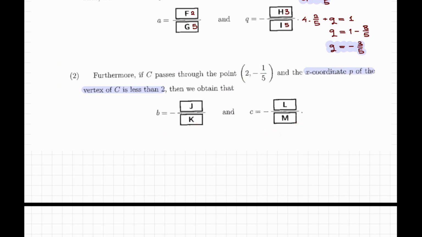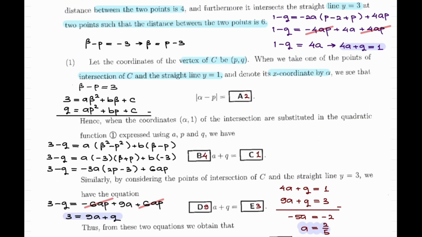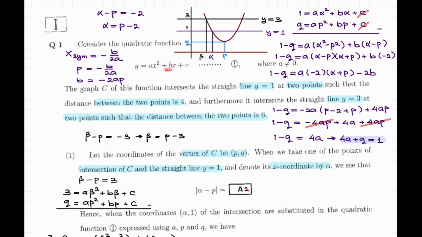So now we want to find b and c. b is the coefficient of x of our function, and c is the constant term of our function.